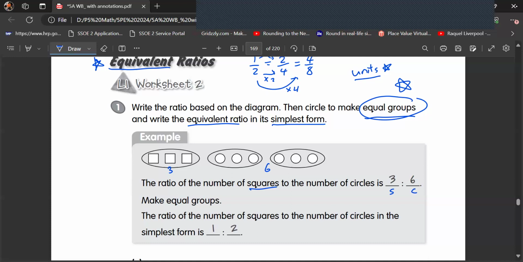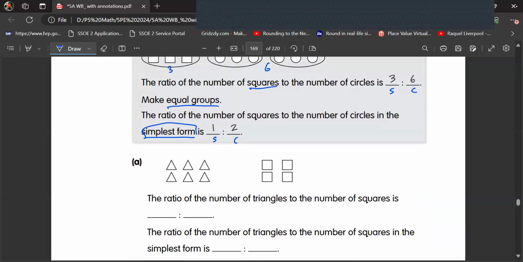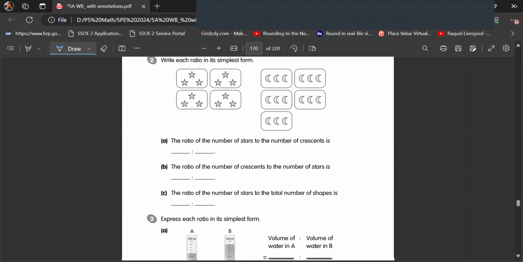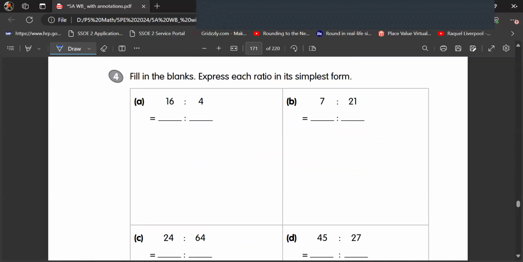But because I could group them up in equal groups, I can simplify it to 1:2. It comes with the idea of equal grouping. Now, this is the concept behind it. Once we are familiar with it, you are able to solve the questions on the next few pages, for example this one, without thinking much.